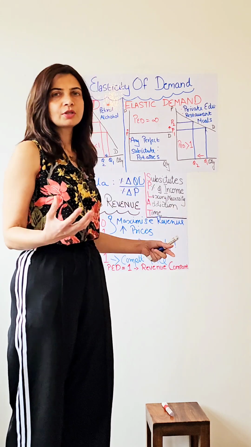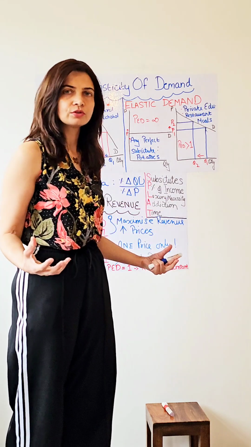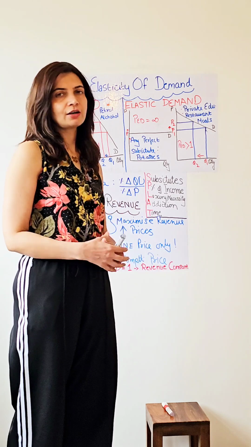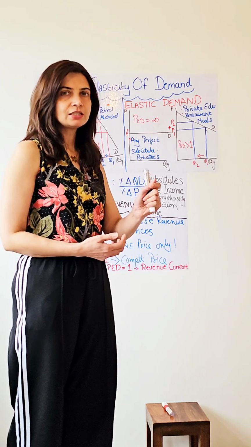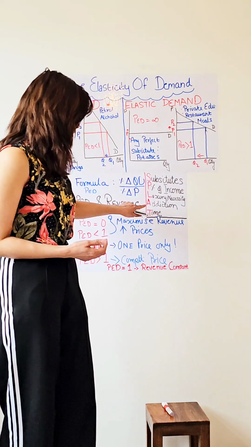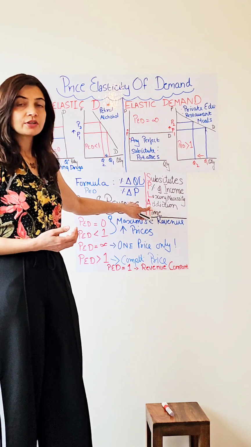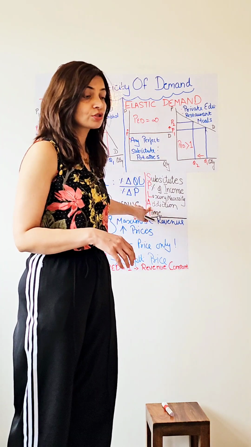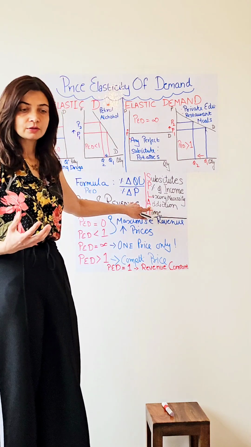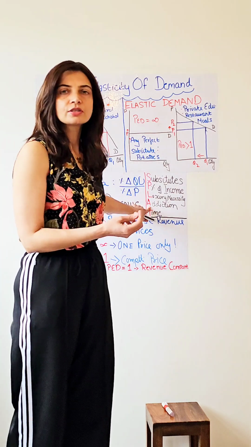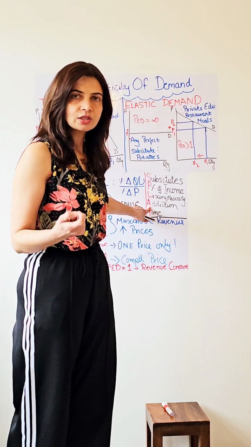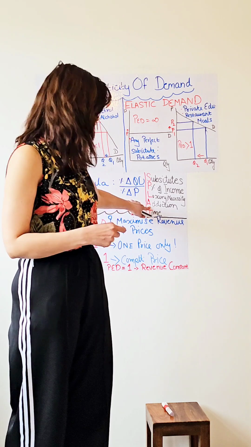Luxury, it's not something that is really important for survival, so that potentially would have elastic demand, PED greater than 1. We are also talking about the concept of addiction. So think about smoking, think about alcohol. That means if a good is a habit forming good, it will have an inelastic demand.